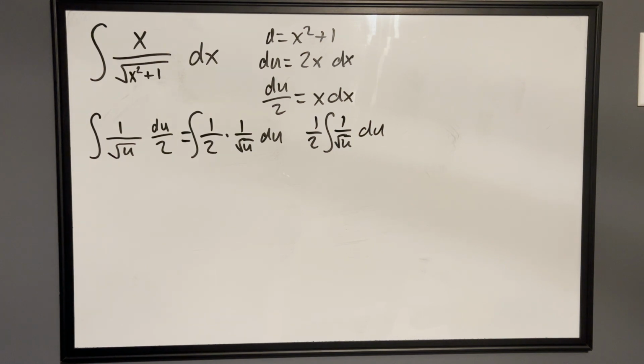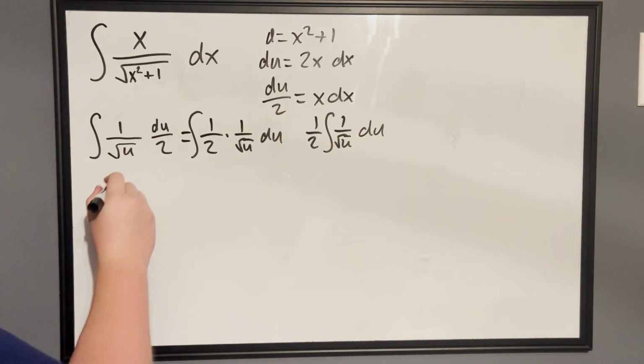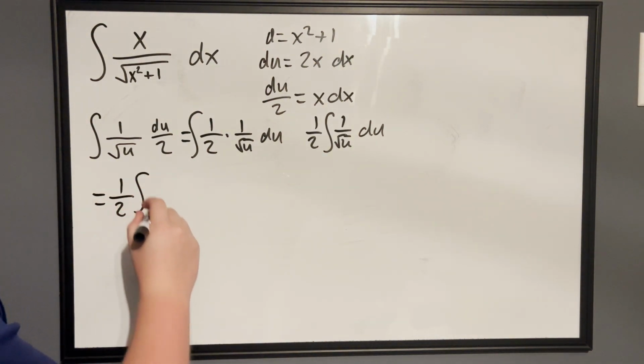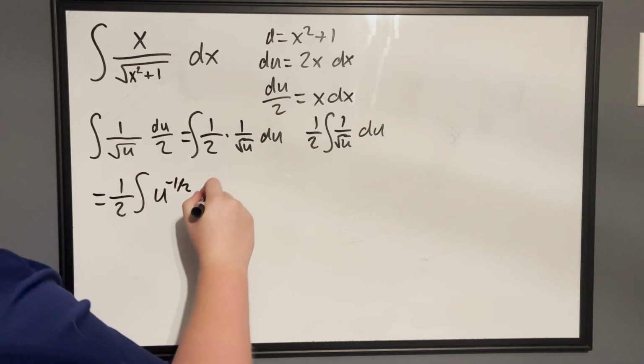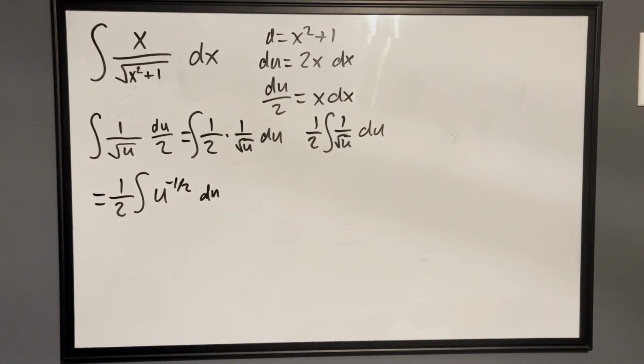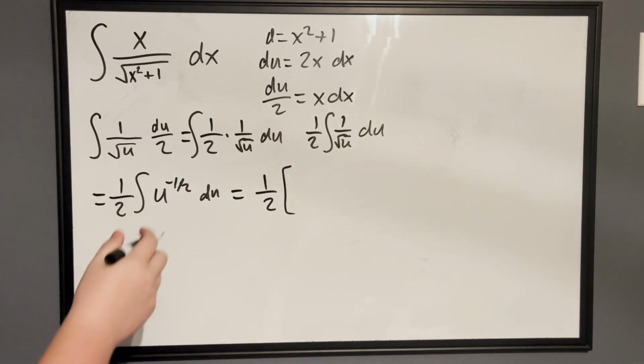So now with this, we can use exponent properties in order to make this into something we can use the power rule on. So this is the same as 1/2 times the integral of u to the negative 1/2 power du. And remember, because this is to the 1/2, and since it's in the denominator, it's negative 1/2. So now we can use the power rule. So we end up with 1/2 times the integral of this right here.